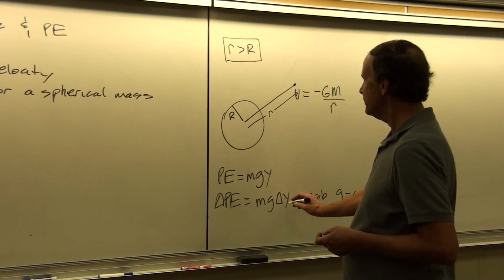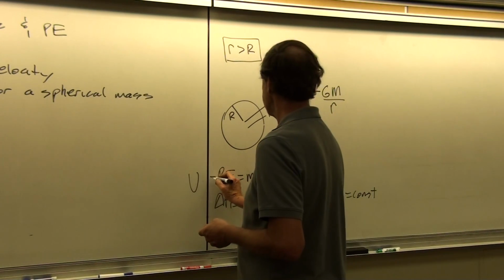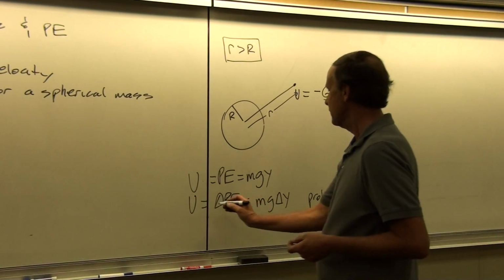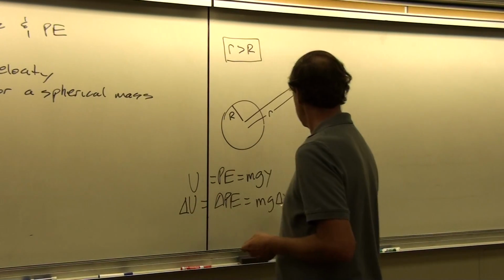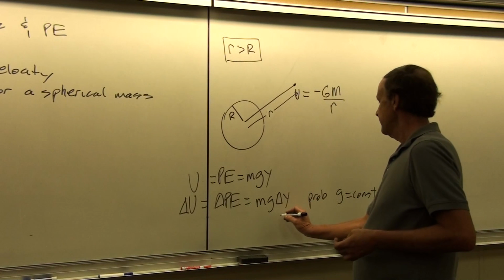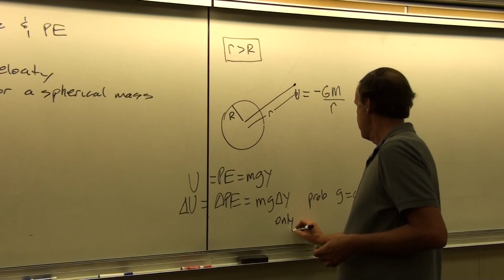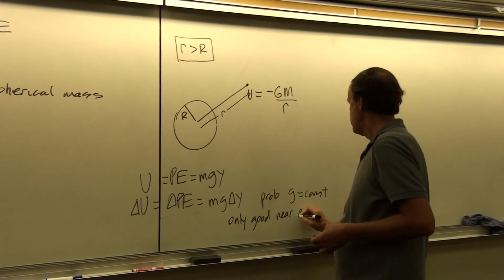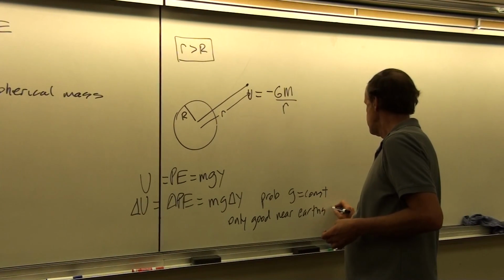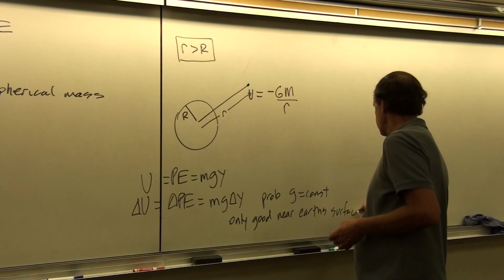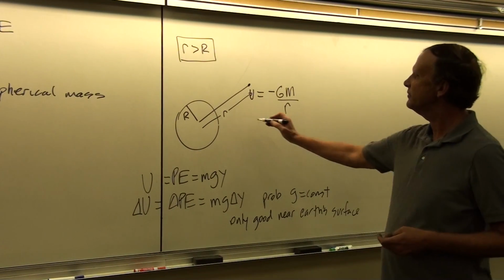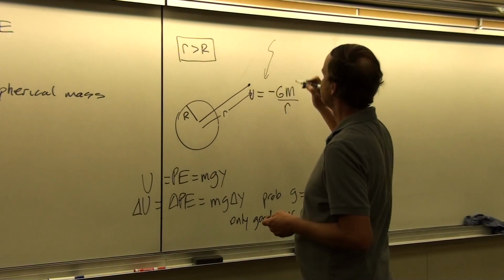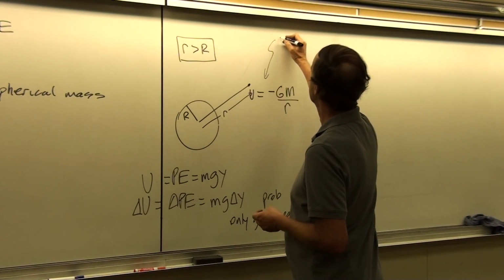So in other words, this potential energy expression, which we're also calling U now, U for potential energy, is only good when we're close to the Earth's surface. So we need a different expression for the potential energy for a spherical mass.